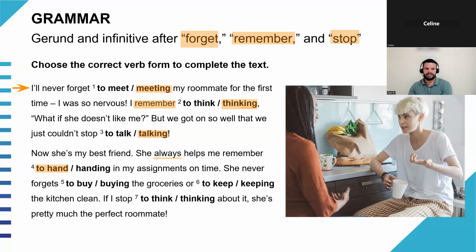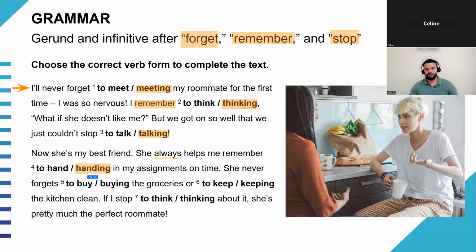But here, in this example, it's like something that's a habit or something that happens over and over again. So she always helps me remember to hand in my assignments. It's kind of like a routine, exactly.